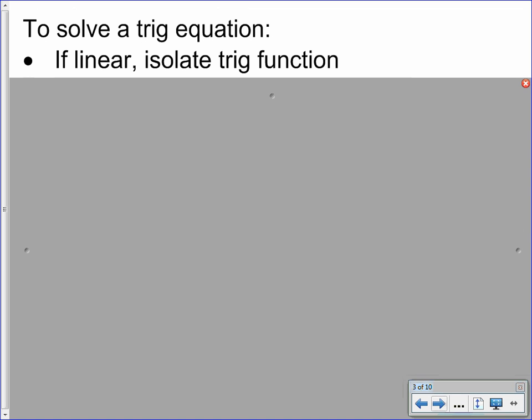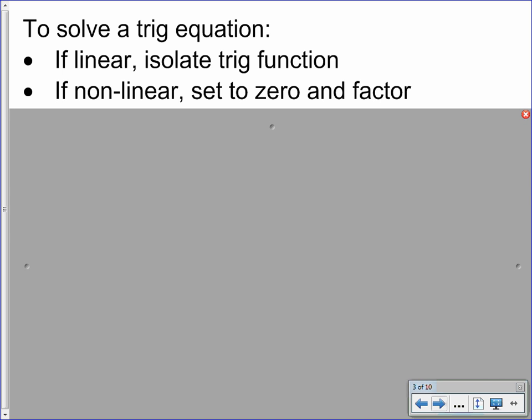If you have a linear trig function, then isolate that linear trig function. So if there's more than one sine of x, then you need to combine those sine of x's and then get it by itself. If it's not linear, then you're going to want to set it equal to 0 and see if you can factor it.